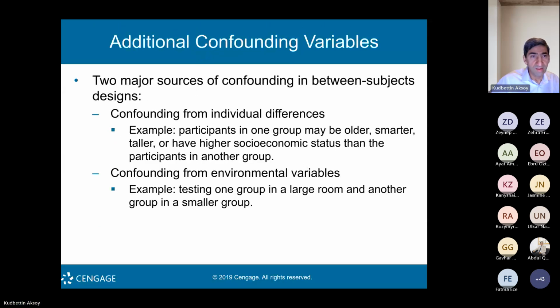So, two major sources of confounding in designs. One comes from individual differences. Each person in each group, their age, their IQ, their height, if relevant, or socioeconomic status, or parental education level, whatever, or academic performance, that is source of error coming from individuals.